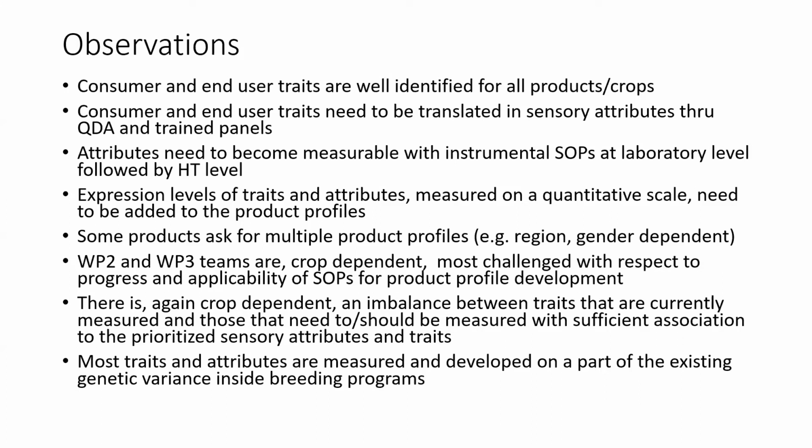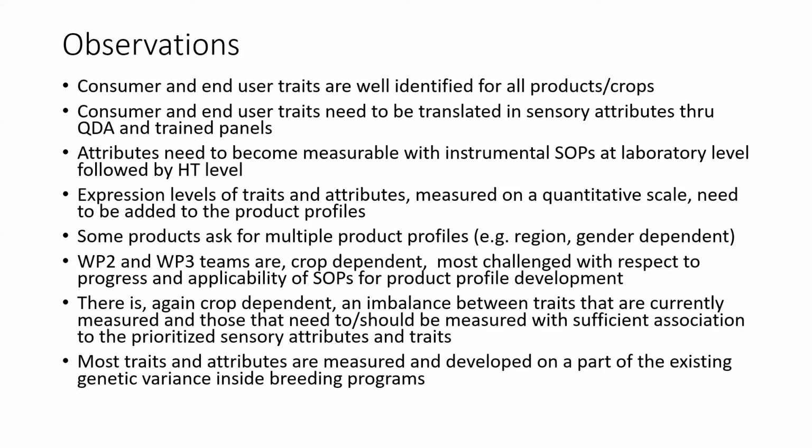We also see, again crop dependent, an imbalance between traits that are currently measured and those that need to be measured, with respect to what we call sufficient association to the prioritized sensory attributes and traits. Most traits and attributes are measured and developed on a part of the existing genetic variants inside breeding programs.